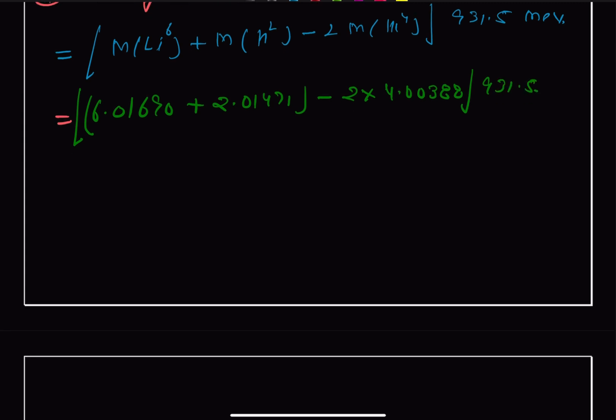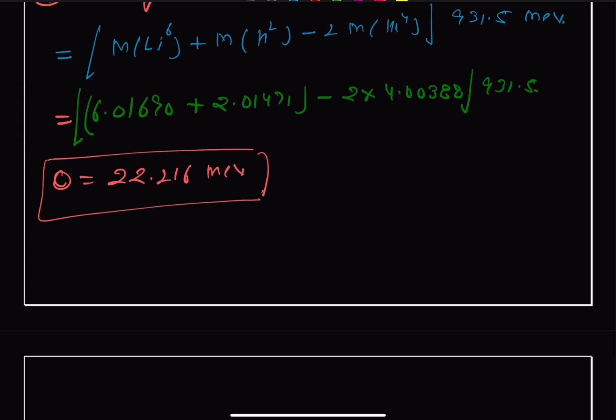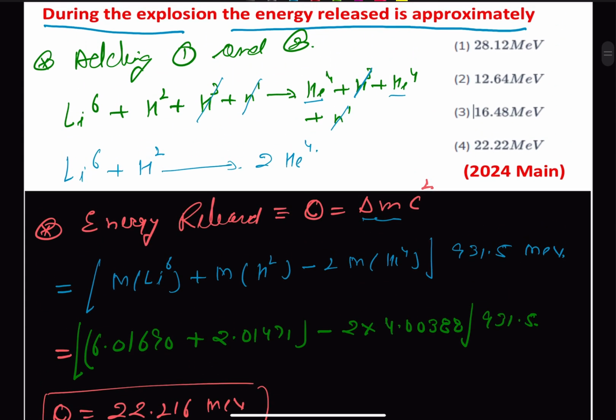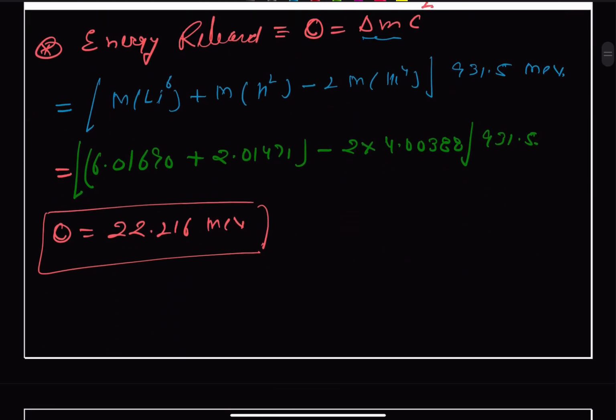So this gives us that the amount of energy released will be equal to 22.116 mega electron volt. So option number 4 is correct. Next question.